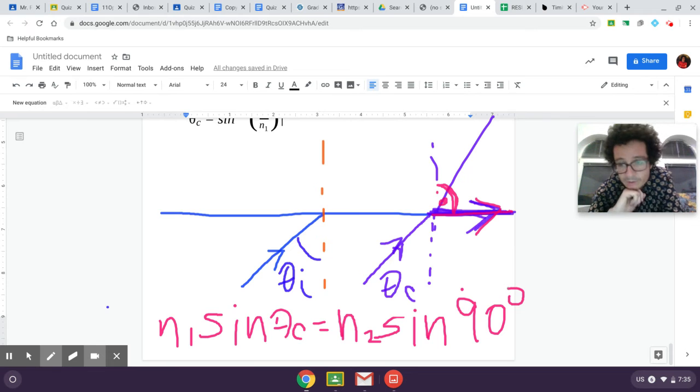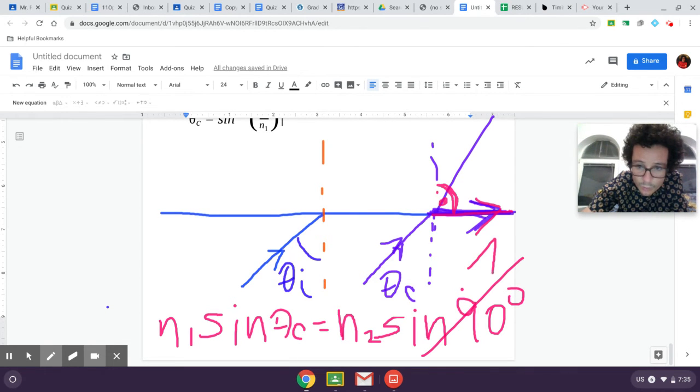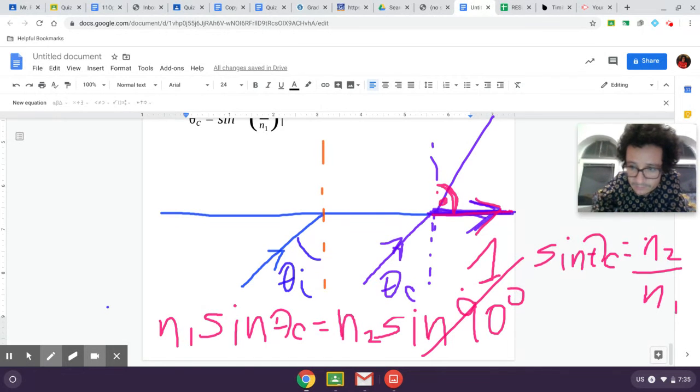So you will remember that sinus of 90 degrees is equal to 1. Okay? So then you're going to have that sinus of the critical angle is equal to n2 divided by n1.